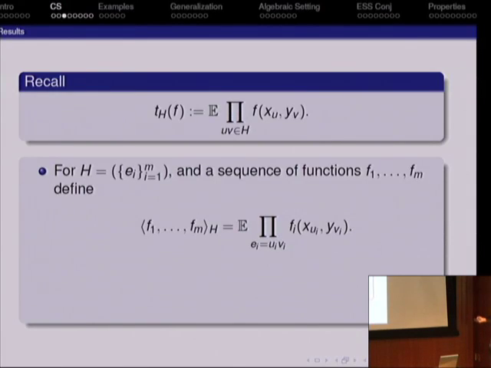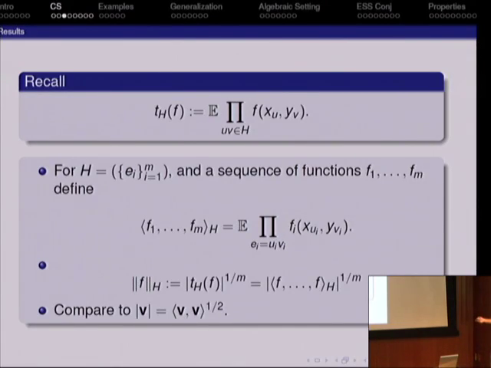But now, for every edge, I just put the corresponding function here. So instead of f, I have fi when I'm looking at the ith edge. So it's the same product, but with several functions. So it's a nice notation. I can now express my norm formula in this notation as just the product of f by itself, taking the mth root.